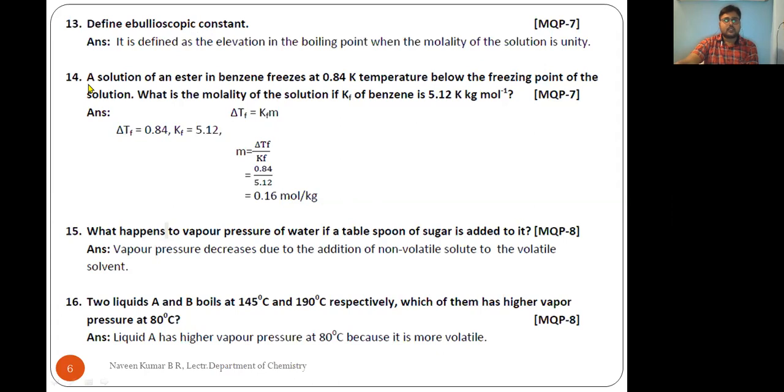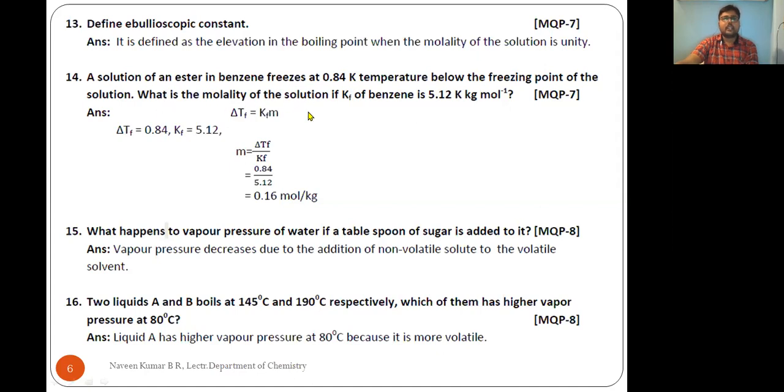So the next question, this we have solved in our regular class, the problem. Just observe: a solution of an ester in benzene freezes at 0.84 Kelvin below the freezing point. It is depression of freezing point to consider. So they have given delta Tf value 0.84.